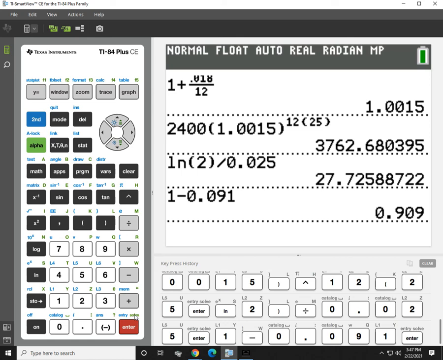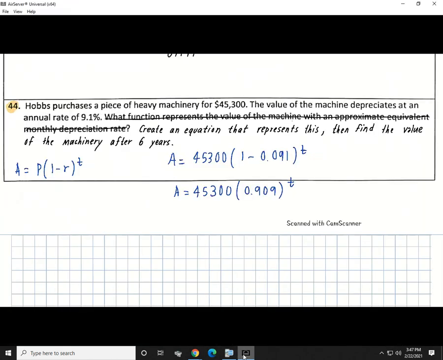So if you write it in simplified form, the equation would be 45,300 times 0.909 raised to the t. So then it says, hey, find how much it'll be after 6 years. So 45,300 times 0.909 raised to the 6th power.